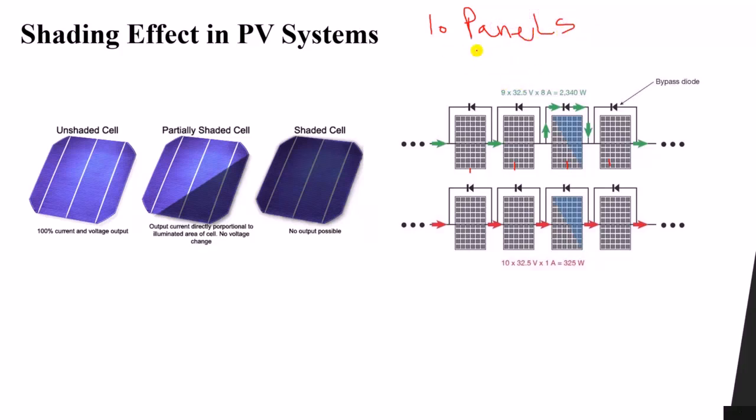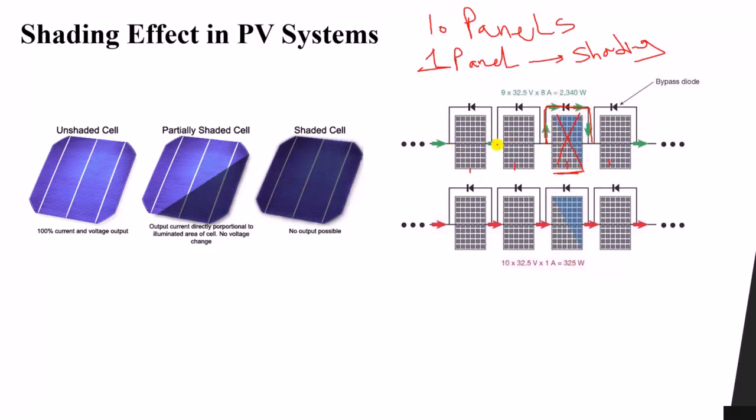One of these panels has a shading effect. Which one? This panel. You can see there is a shadow here, which means it has a shading effect. Since this one has a shading effect, we have here a bypass diode. This bypass diode will make a short circuit on the panel, as if this panel does not exist.